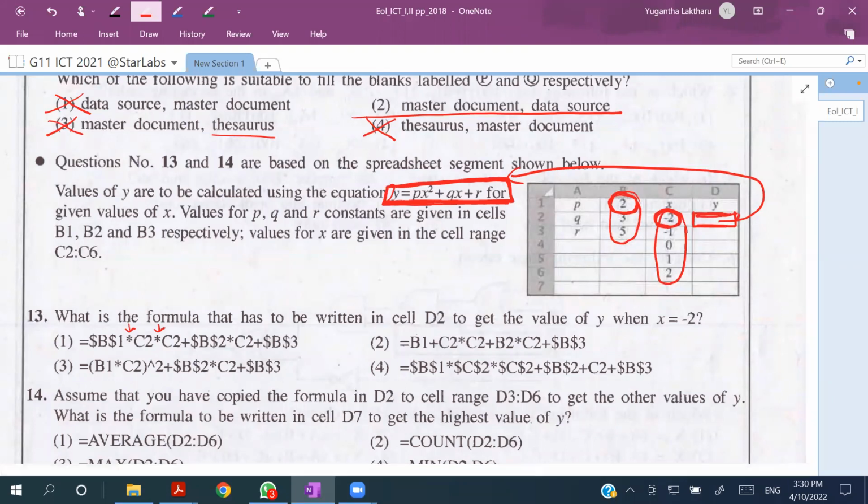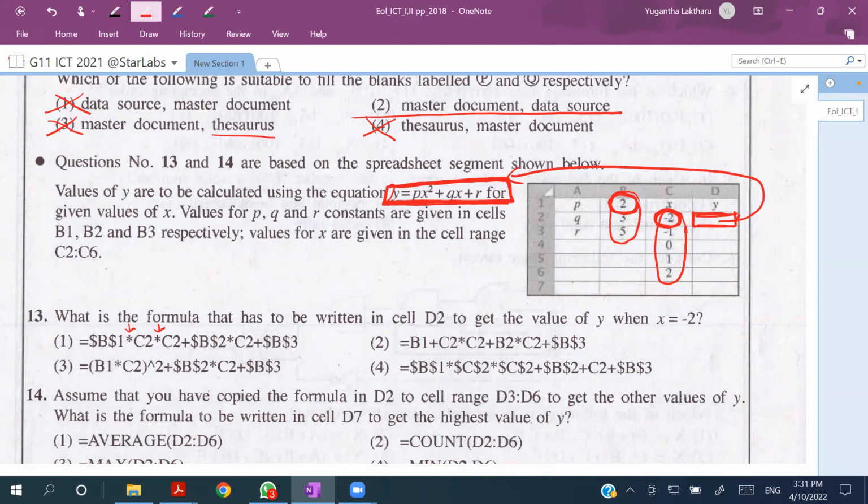It doesn't matter that we use the absolute cell reference here, because the value of P in B1 is not going to change. So nothing happens if we use the absolute cell reference with B1. It is multiplying with X squared, like X into X, so C2 into C2, that is correct.